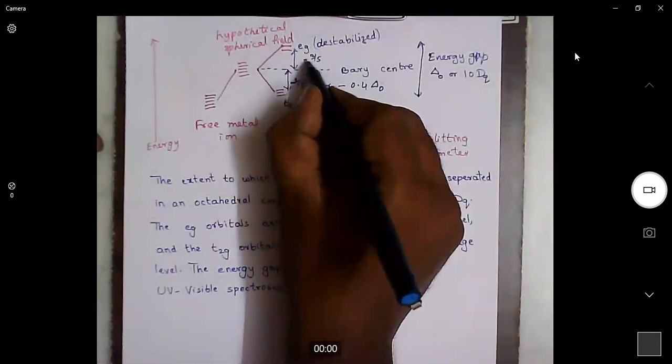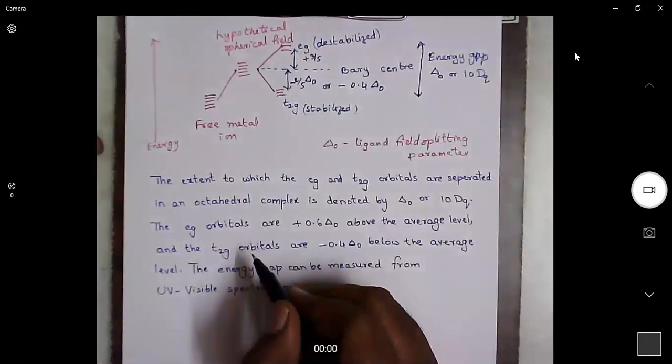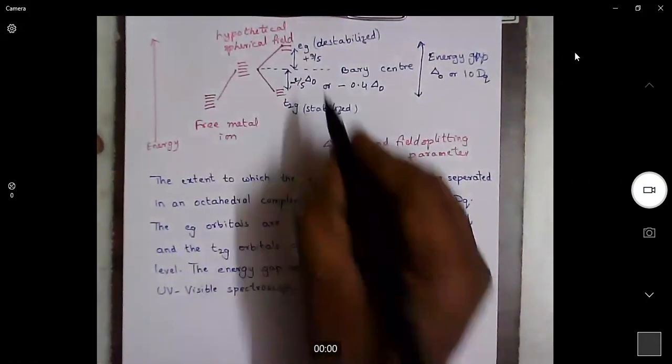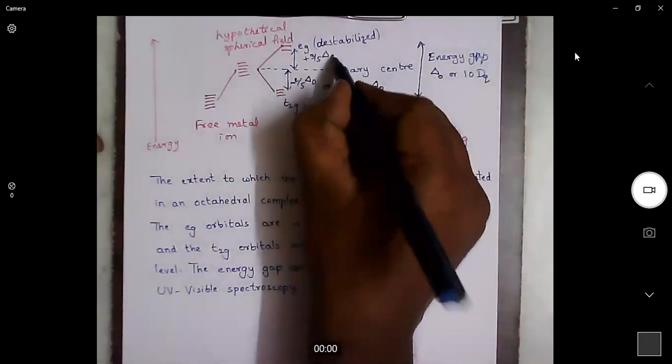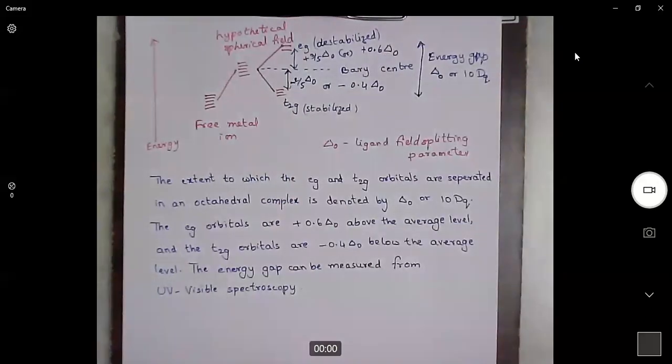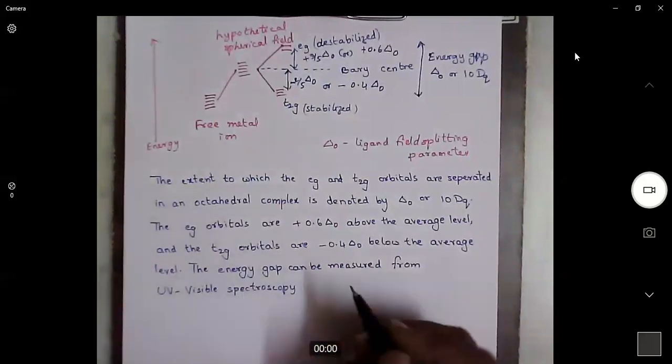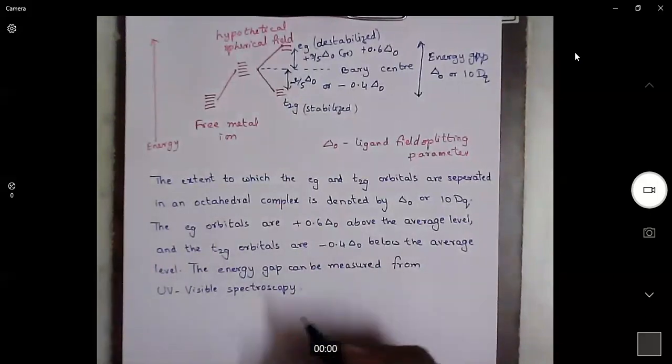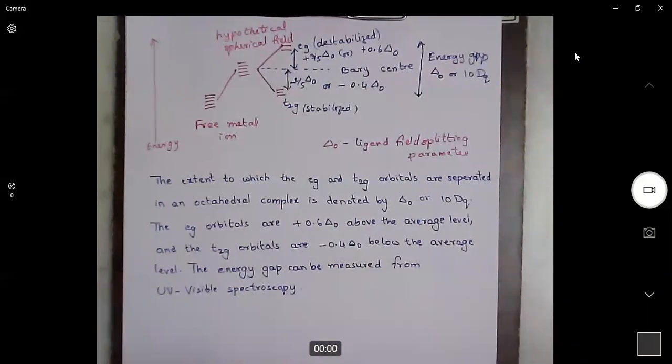Here they have increased their energy, so if you don't say destabilized, you just add a plus sign: 3 by 5 of delta naught, or plus 0.6 delta naught. So this is what is called crystal field splitting.